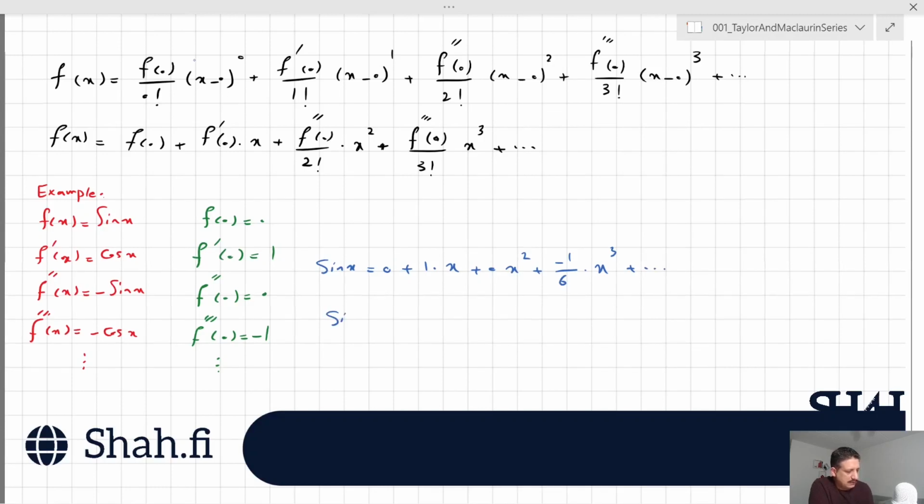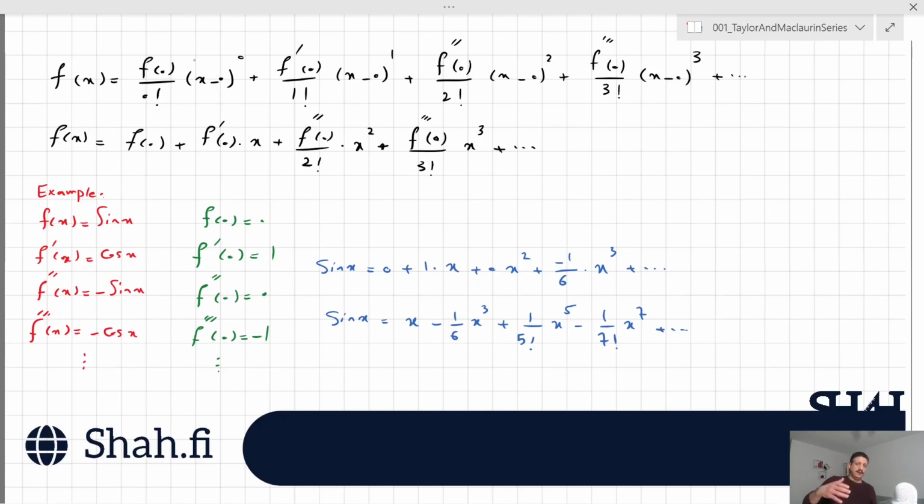So sine x can be written as x minus 1 over 6 x cubed, and the next one will be of order 5, which is x to the 5th over 5 factorial, minus x to the 7th over 7 factorial, and so on.